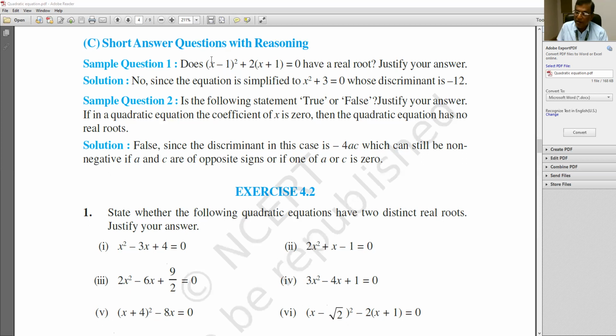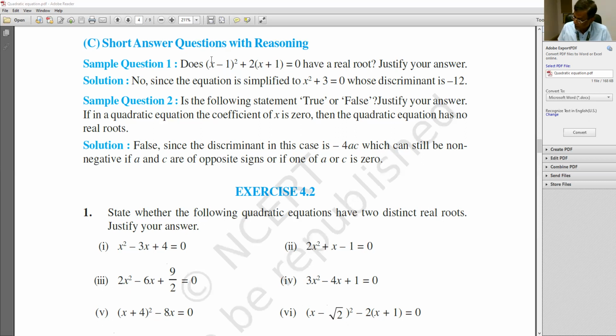The formula for finding the discriminant of a quadratic equation is b square minus 4ac. Here b is what? b is 0. So 0 square minus 4 into a. a is the coefficient of x square, this is 1. And c is what? This is 3. This is equal to minus 12.